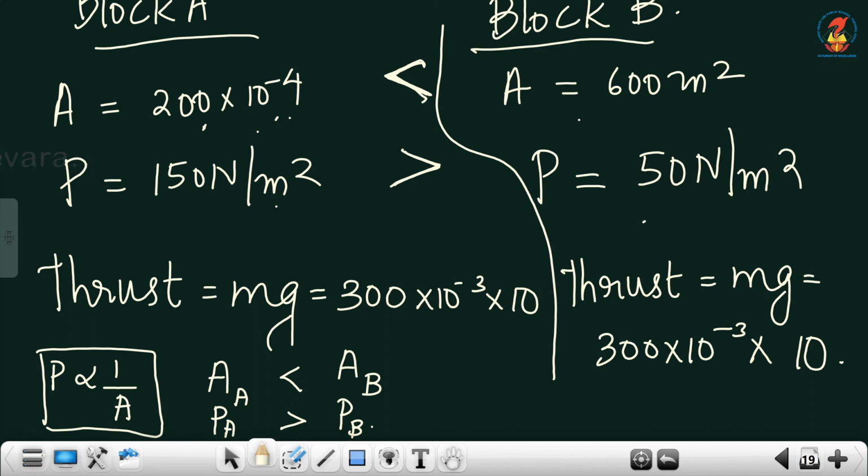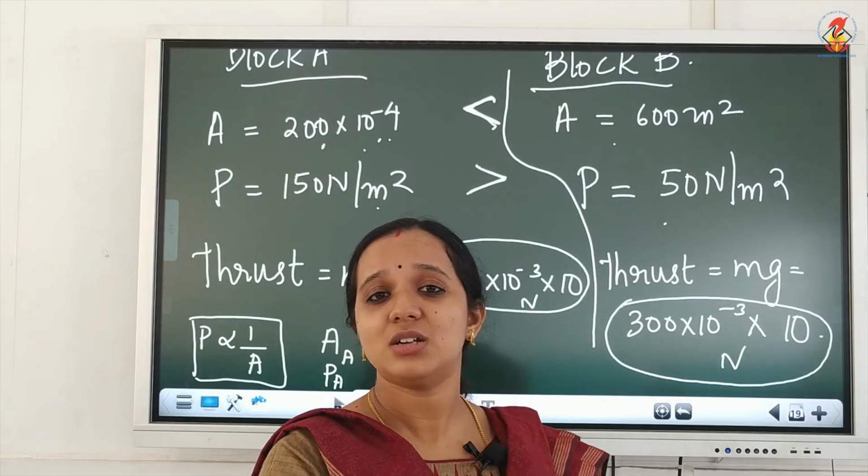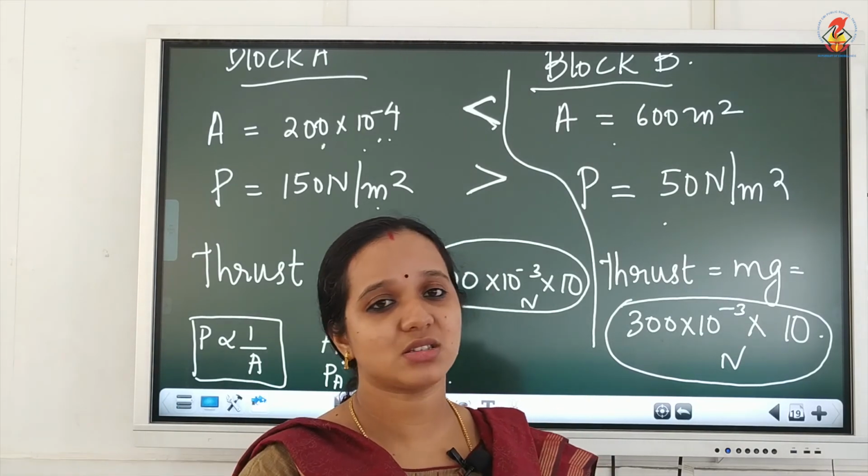But just see the thrust value. It is 300 into 10 raised to minus 3 into 10 Newton in both the cases. In both the cases, thrust values are the same. That is, the thrust doesn't depend upon the position, it remains the same.